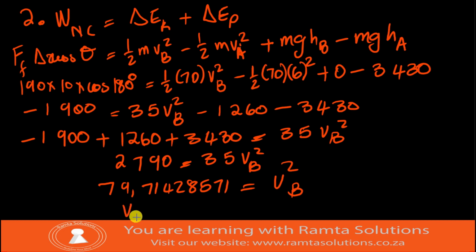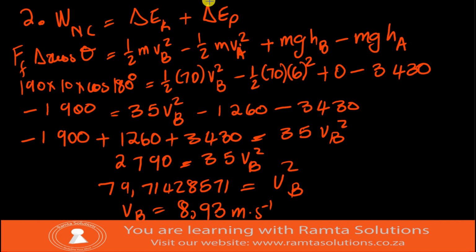Now find the square root of your answer. On my calculator, I just take the square root of the answer. Our answer is 8.93 meters per second. So this is the speed of this person at point B, right?